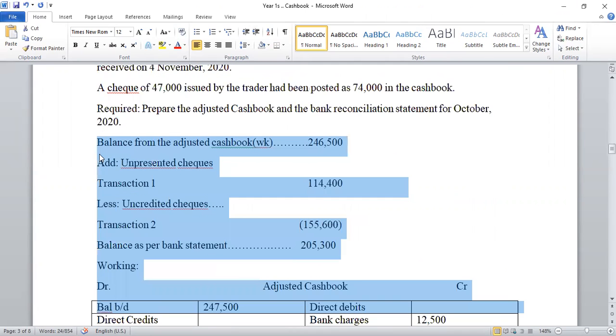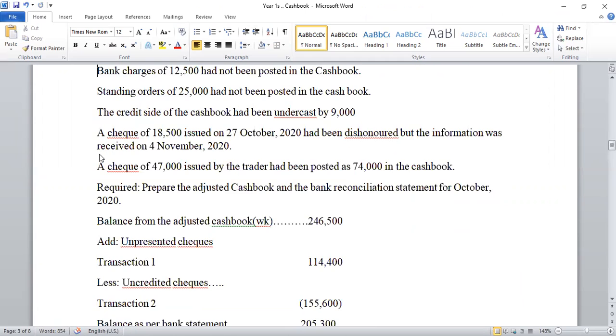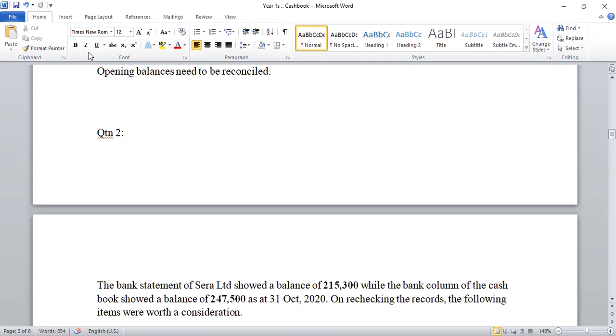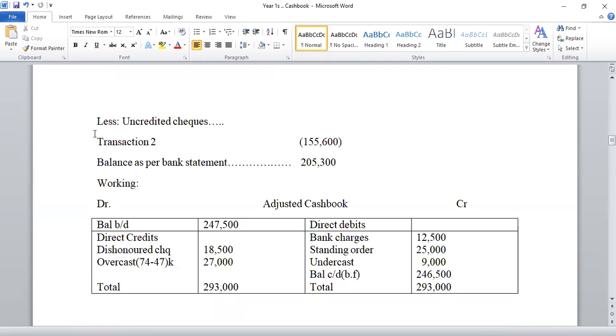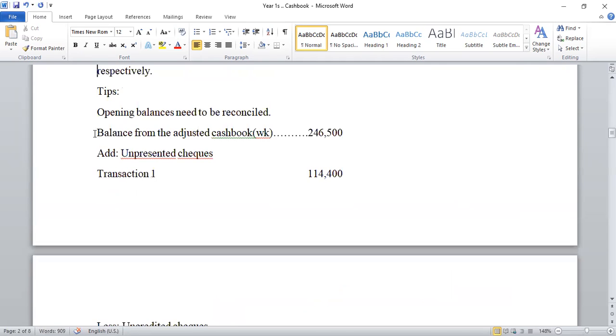Let me even borrow the cash book. Okay, the difference is that the items were given. I don't need to look for them now. I just pass them the way they are.